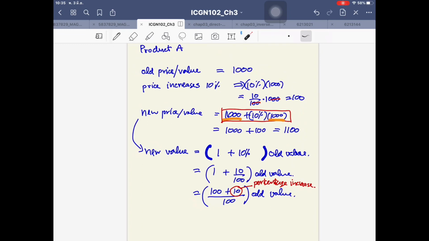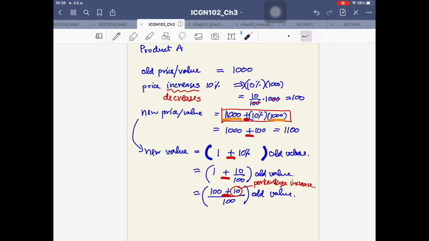Think about that: instead of the price increase, let's change from increase to decrease. The price will decrease by 10%. So when you calculate the new price, instead of the plus sign, it needs to be the minus sign, and everywhere will be minus.